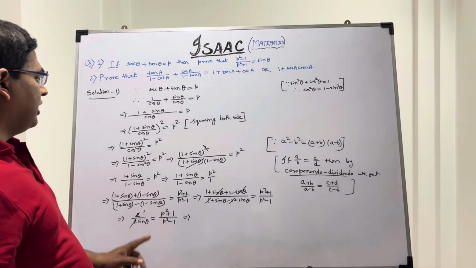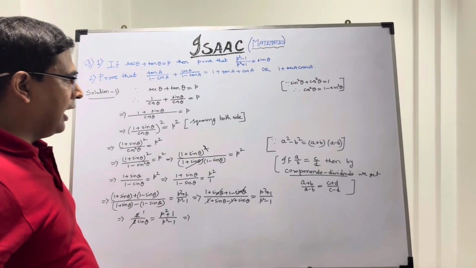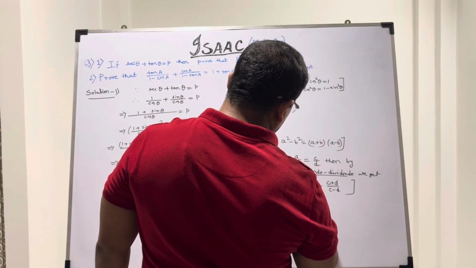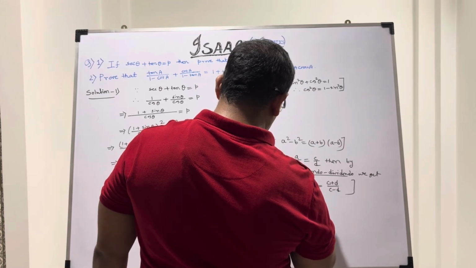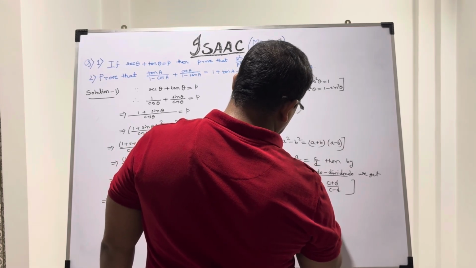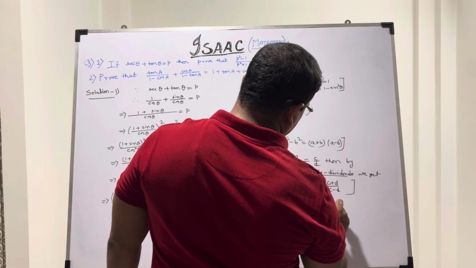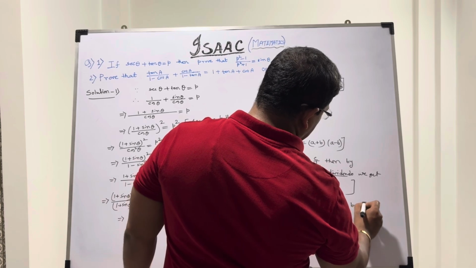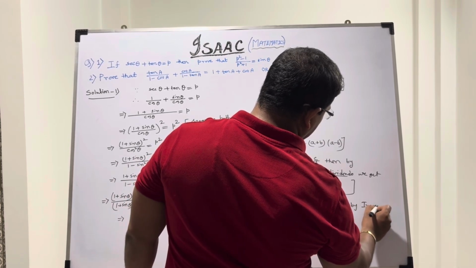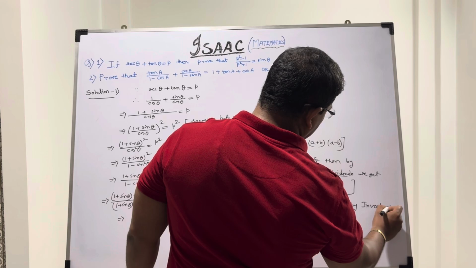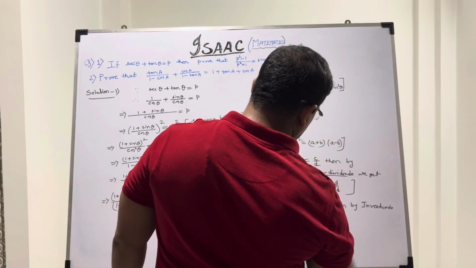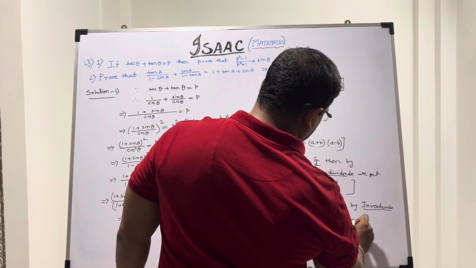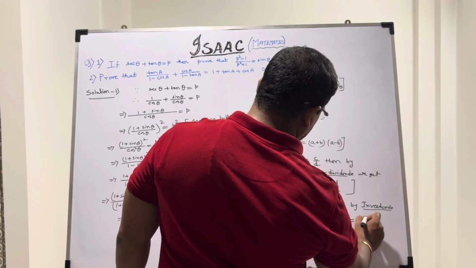Now to find sin theta we have to use another ratio proportion relation which we already know, that is invertendo. If a by b equals c by d, then by invertendo we get b by a equals d by c.